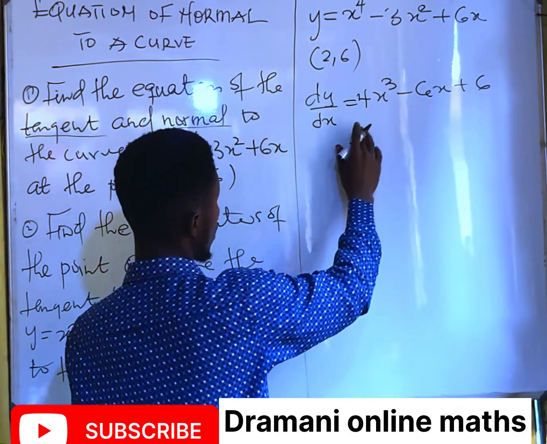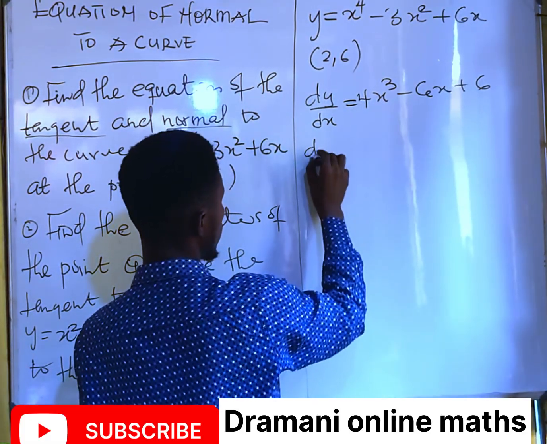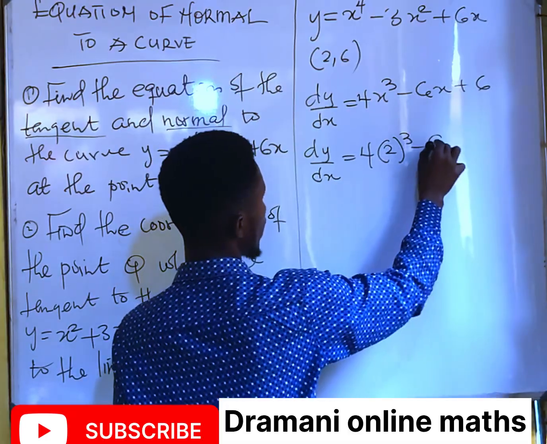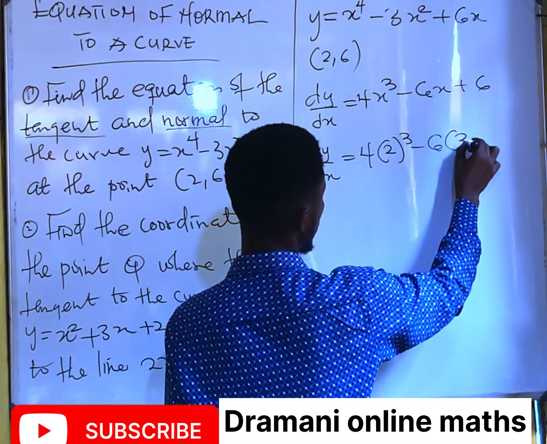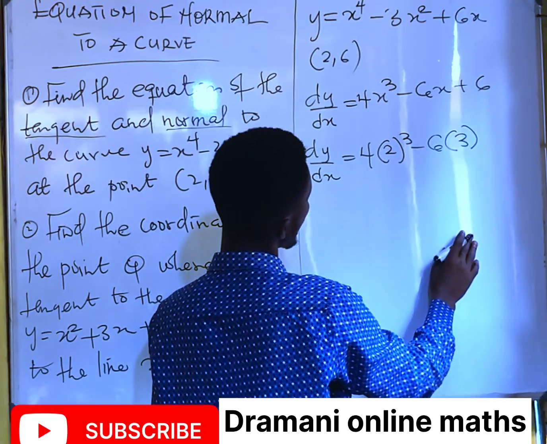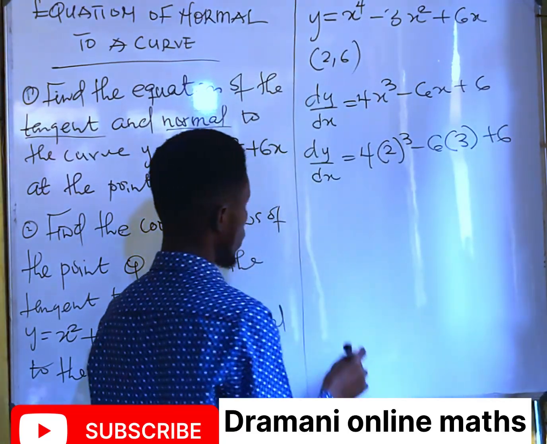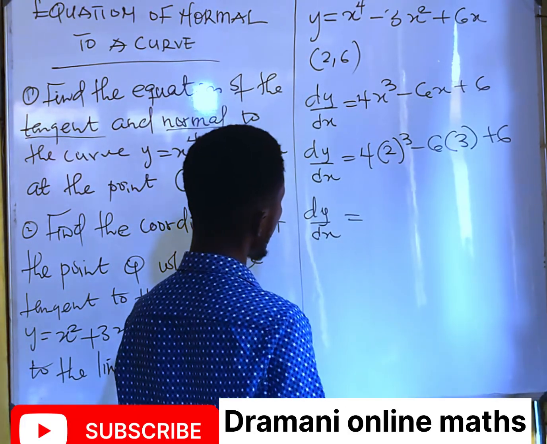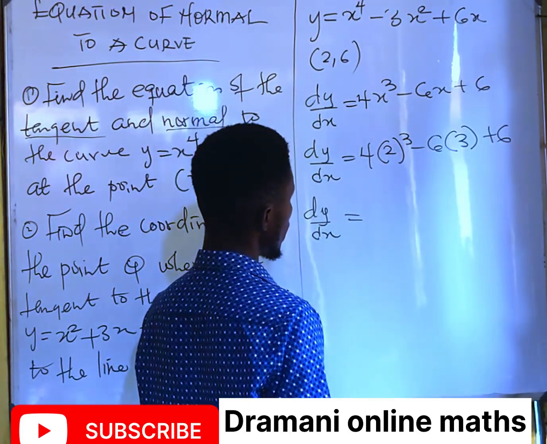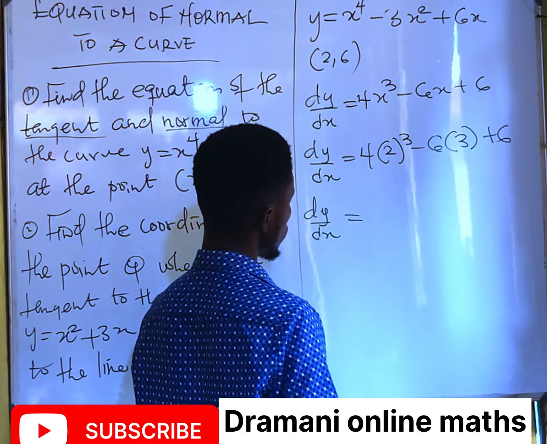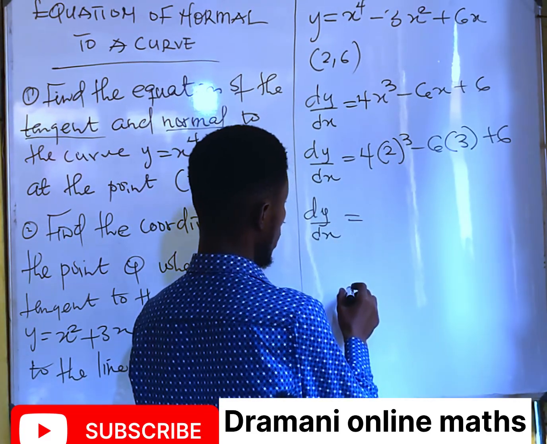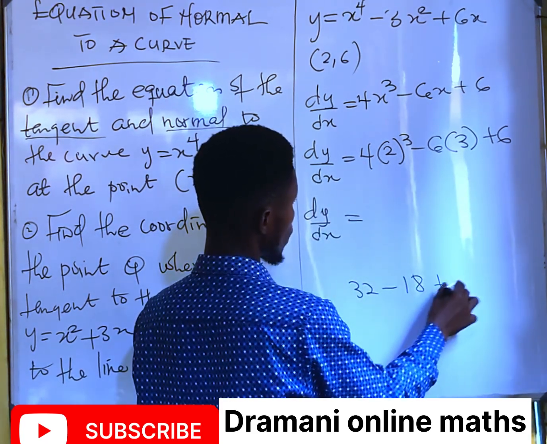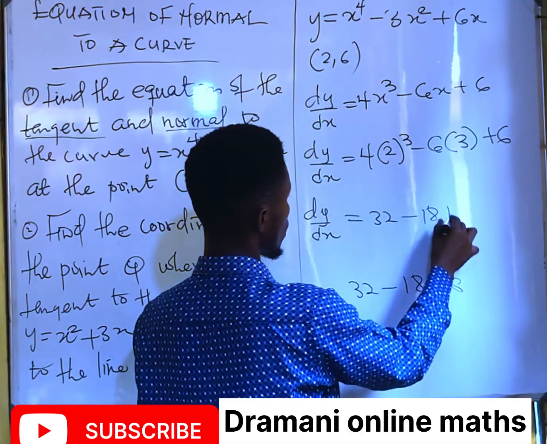So let's substitute the x value there. dy/dx will be 4 multiplied by 2 cubed minus 6 multiplied by 3 plus 6. 2 cubed is 8, and 8 times 4 is 32, right? 32 minus 18 plus 6.